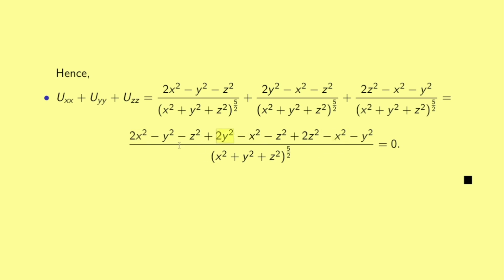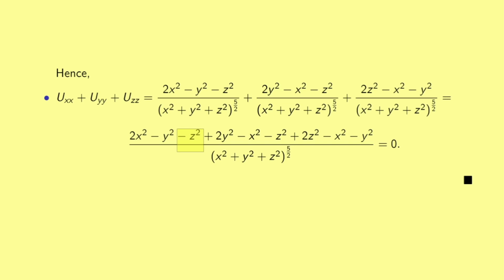This 2y squared cancels out with this minus y squared and this minus y squared here. And this 2z squared cancels out with this minus z squared and this minus z squared here. So we get 0.